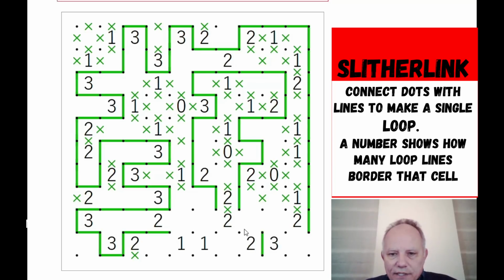So now we get to this situation with just the finish to come. Now we still don't know whether this comes down and joins on there, or it could even go up. No, it couldn't do that.